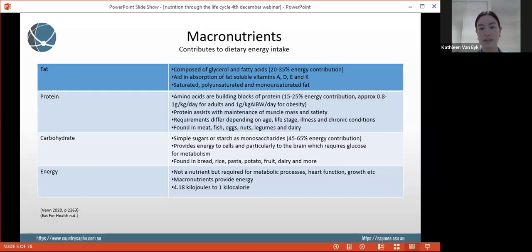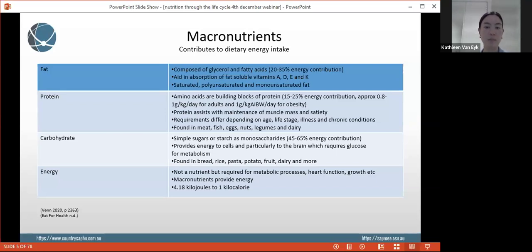Saturated fats will be in things such as the fat in meat and things like butter and cream. And then our poly and monounsaturated fats are in things like our oily fish and avocado, nuts and seeds.